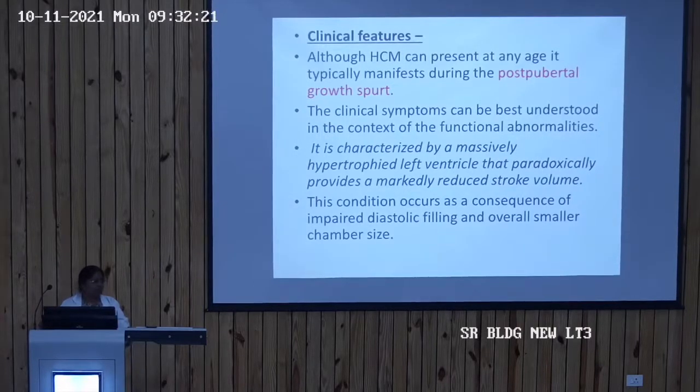So it is paradoxical that it is hypertrophied and contracting very forcefully, yet the stroke volume is very low. This is because of the impaired diastolic filling and because the muscle is very hypertrophied, so the capacity of the lumen of the ventricle is decreased. So the amount of blood that can come into the lumen is decreased.